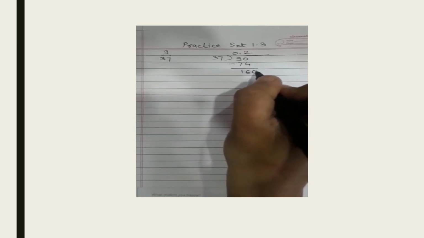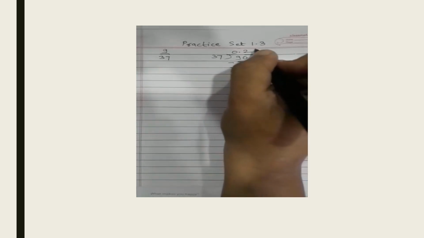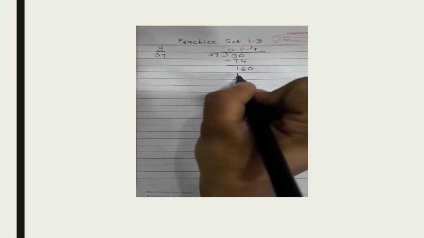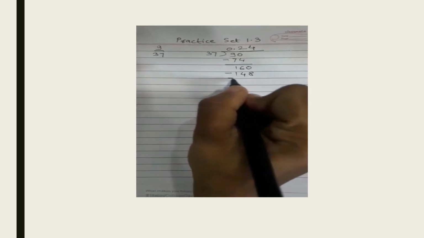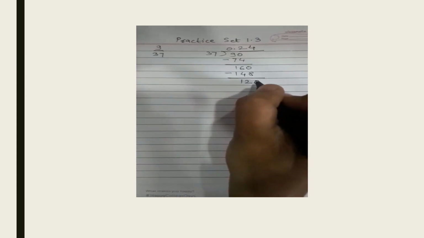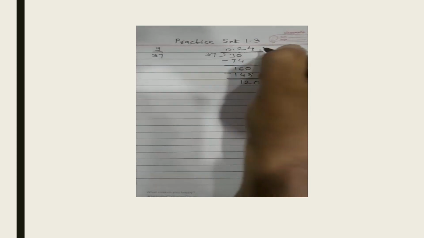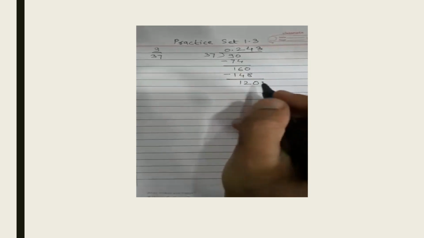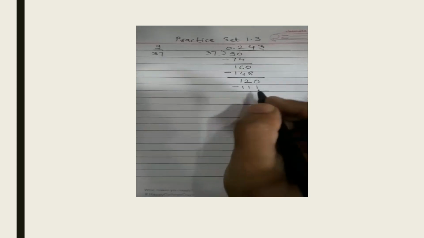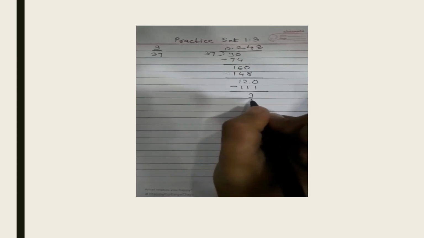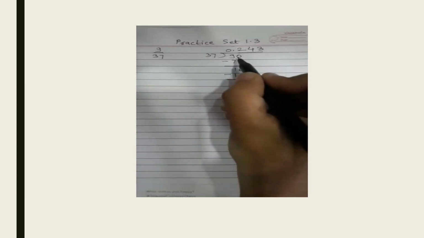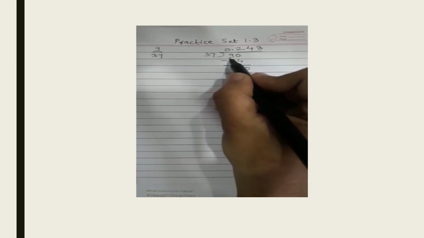Again add a 0 after 16. The quotient will be 4. 37 into 4 is 148 and the remainder is 12. Again add a 0 here and multiply 37 by 3. The answer is 111. The remainder is 9. Now see here, 9 is the remainder, and here in this place there is also 9.